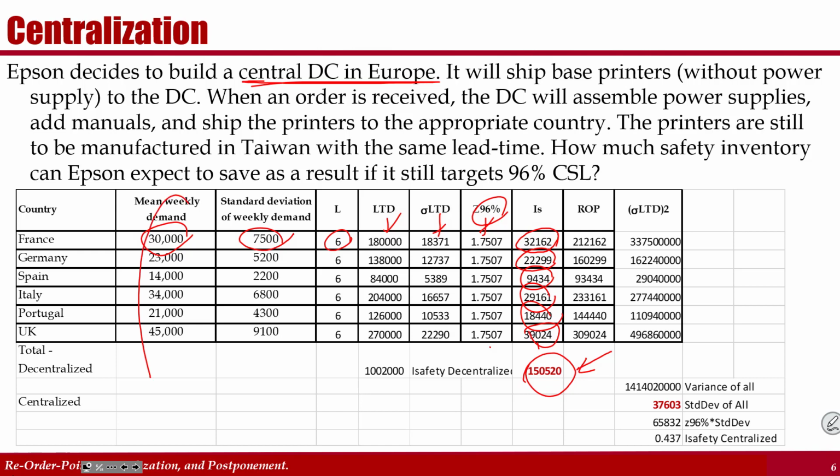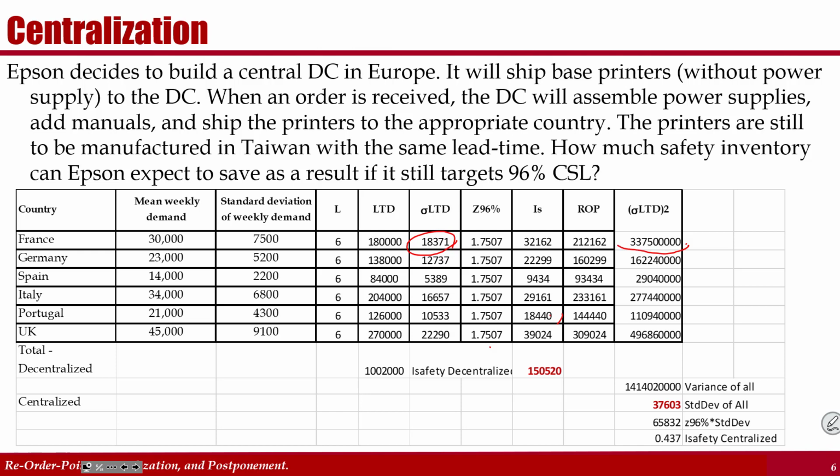Therefore, we can add these numbers together and multiply by 6 and get this number, which is average demand during lead time. But when it goes to standard deviation, it is not the standard deviation which is multiplied, but the variance. Here is the standard deviation of 6 weeks demand.